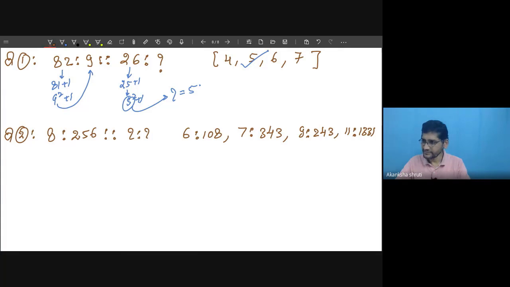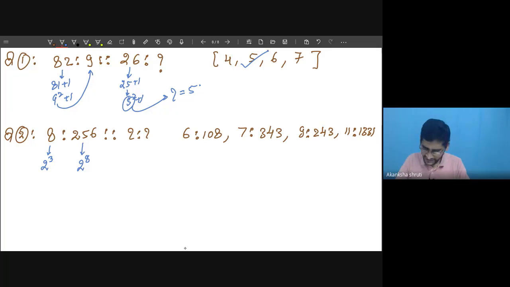Post your answer. It's very easy. What can we think for this? You can directly think for the 8 also. So 8 and 256. Or you may think like this: 8 is 2 to the power 3, and 256 means 2 to the power 8. Is there any such relation existing here?